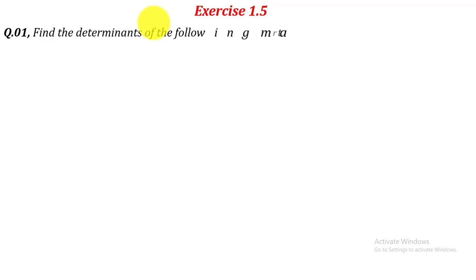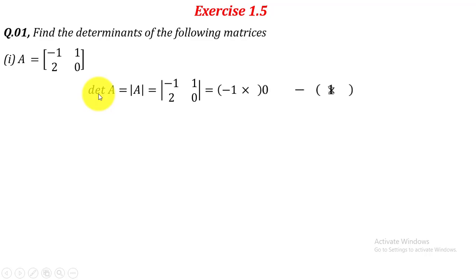Here the first question is, find the determinants of the following matrices. In first, matrix A is equal to the matrix with elements negative 1, 1, 2 and 0. The determinant of matrix A is equal to the determinant of elements negative 1, 1, 2 and 0.